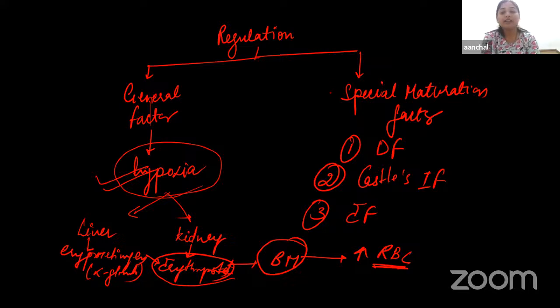Then another thing we have is the special maturation factor, which we're going to discuss one by one. First we have the dietary factor, right? In the dietary factor, protein enables globin formation.